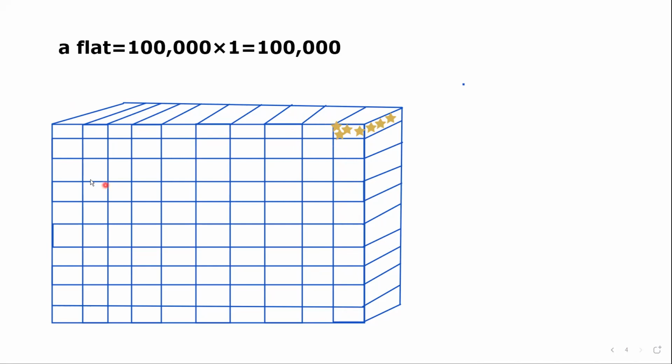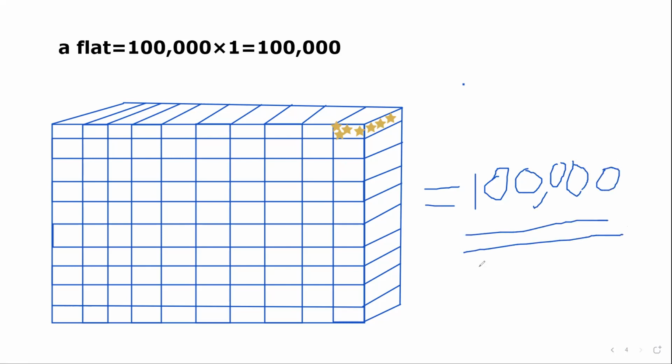So 10 rods or 10 longs will give you one flat. So this entire shape here is equal to one flat, and therefore this one is equal to 100,000. Okay, that's equal to 100,000 because each rod is 10,000 and the rods here are 10. So 10 times 10,000 will give you 100,000.